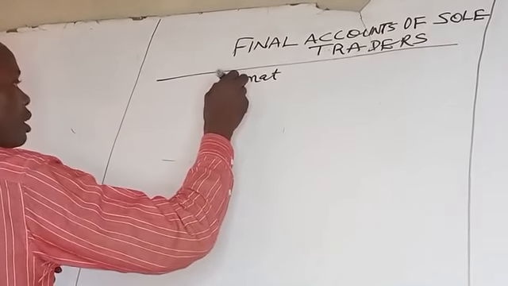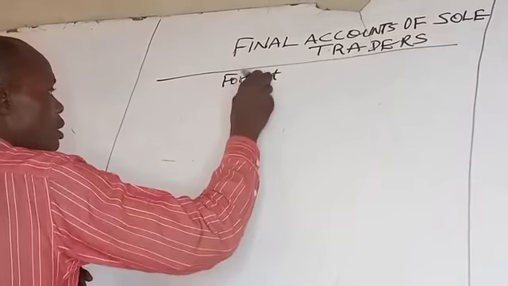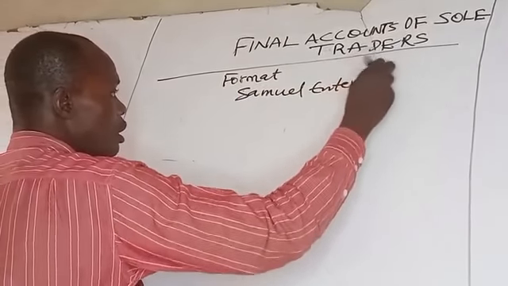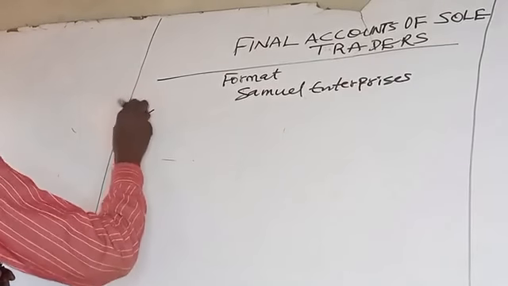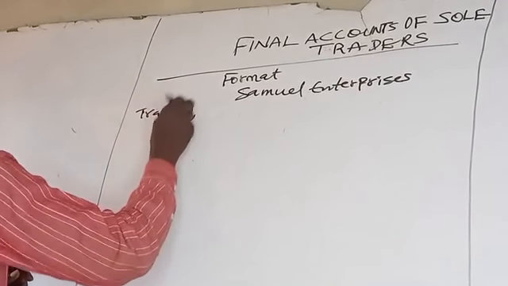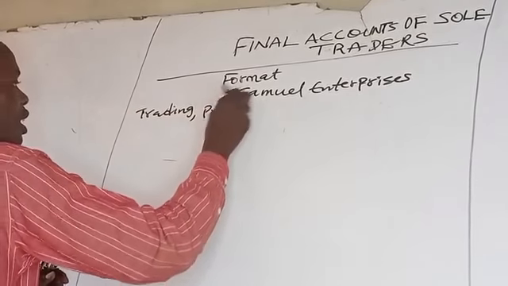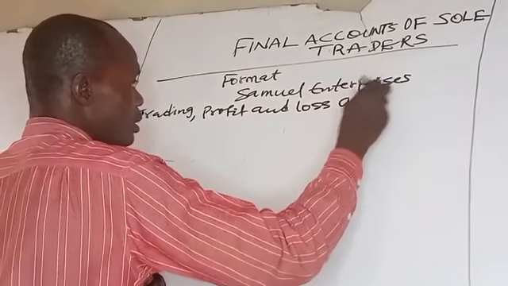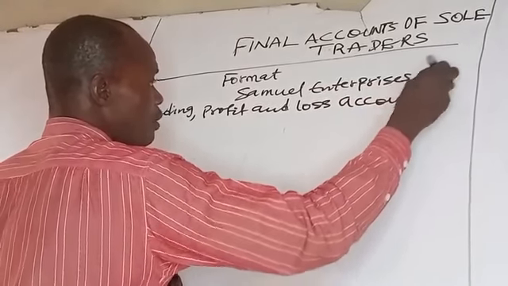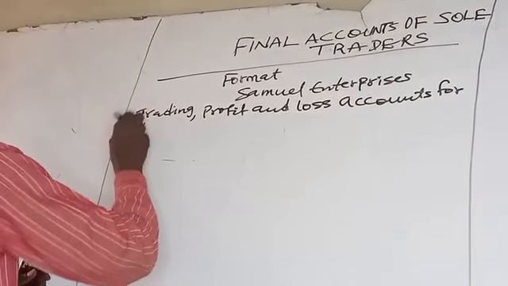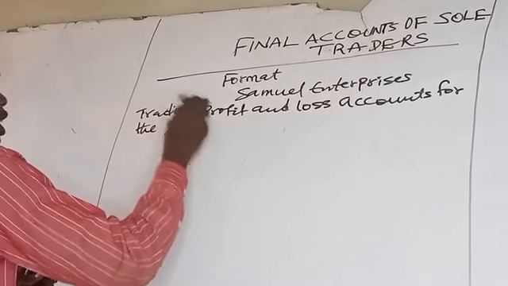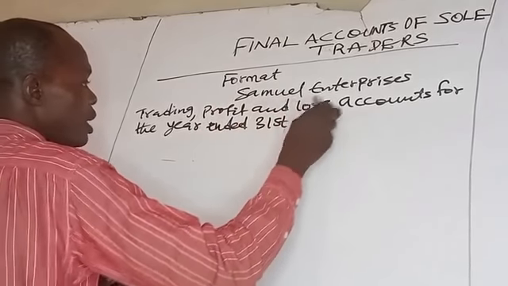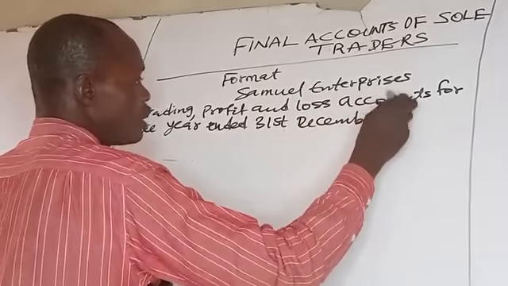Let me see. Samuel Enterprises. Trading, profit, and loss accounts for the year ended 31st December 22X.